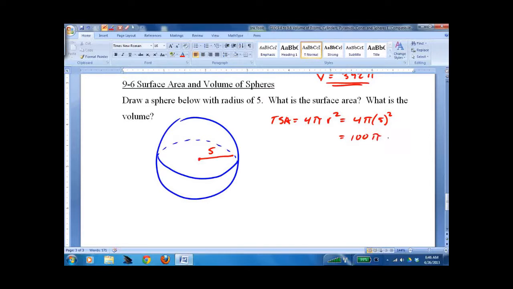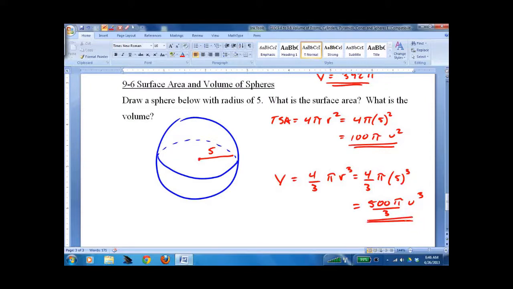And again, this would be units squared, inches squared, meters squared. And the volume is 4/3 pi r to the third, which I believe will get you 500 pi over 3, and again, units cubed, inches cubed, feet cubed.